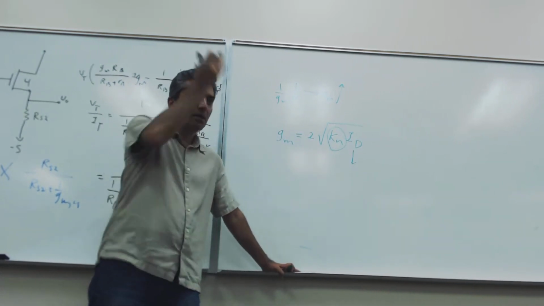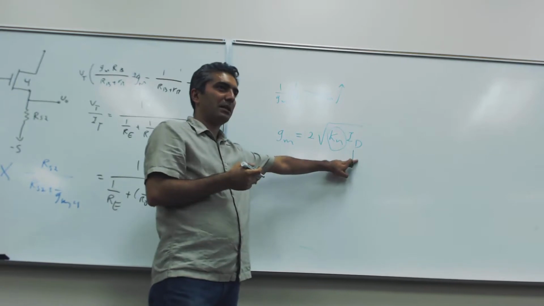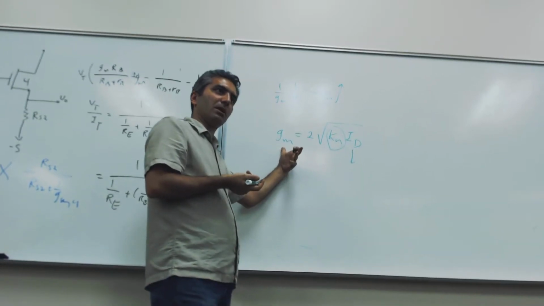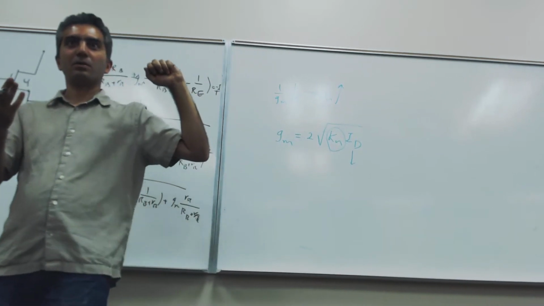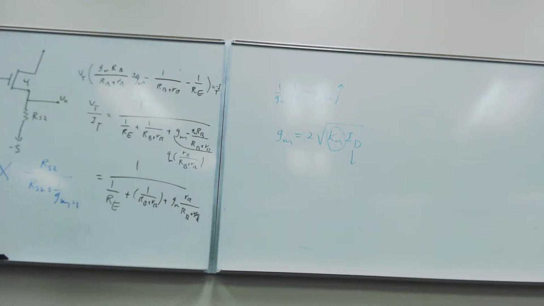I can make it large. If I make ID large, then gm is going to be large, then 1/gm is going to be small, and that's what I want. So to design a really good output stage, I need to make sure that there's a lot of current passing through that transistor. Then I get smaller and smaller output resistances, right?